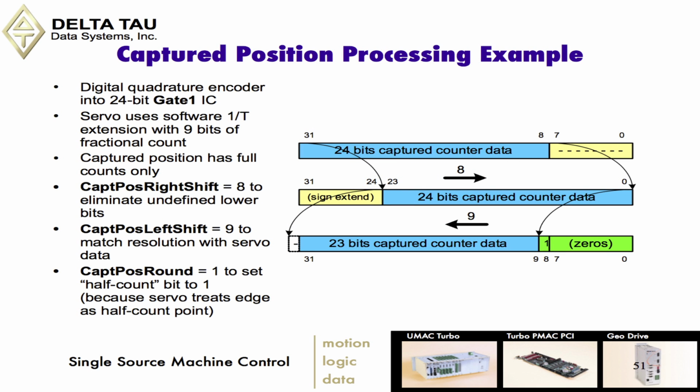So here's an example. A digital quadrature encoder on the PMAC 2 gate 1. There are 24 bits of captured data because the gate 1 is a 24-bit device, and so we need to shift down 8 bits. So cap pause shift right is set to 8. Cap pause shift left is set to 9 so we can match the resolution with the servo data.